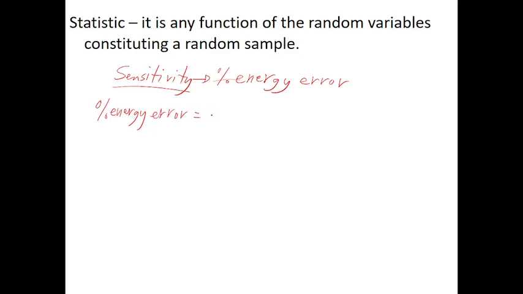Percent energy error, that is energy at 40 degrees Celsius, measured by a certain meter. Let's say the period is 1 hour.